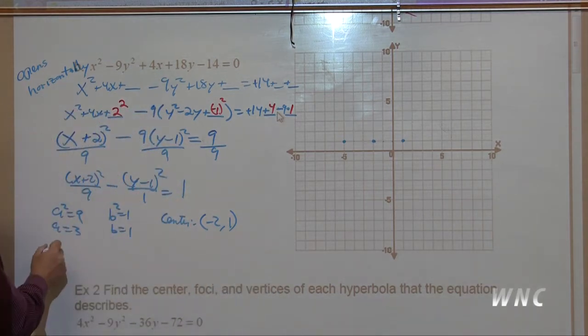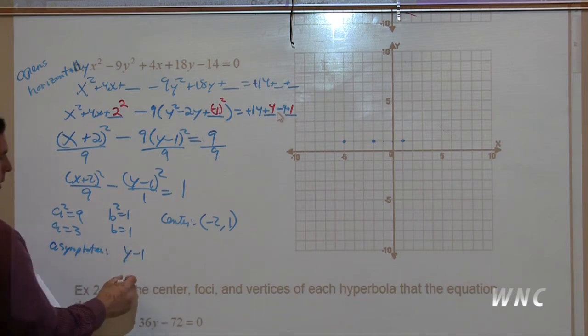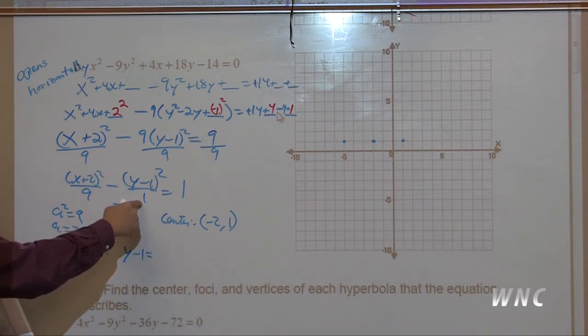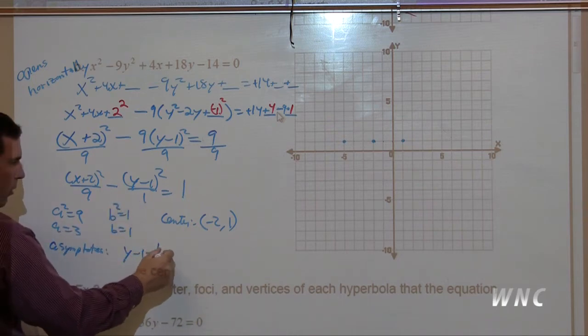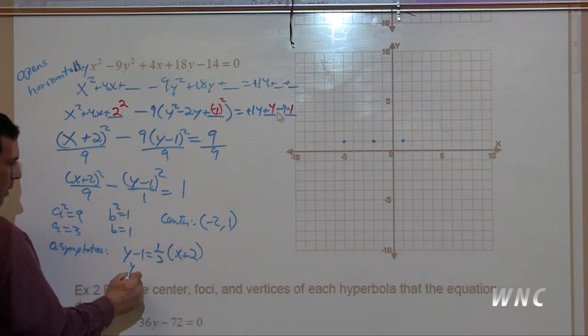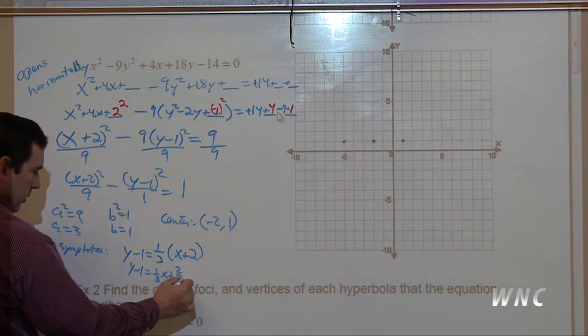Now, as far as our asymptotes go, we do y minus 1 equals, the square root of 1 is 1, so that's the number under the y, 1 over the square root of 9, which is 3, times x plus 2. Y minus 1 equals 1/3 x plus 2/3.